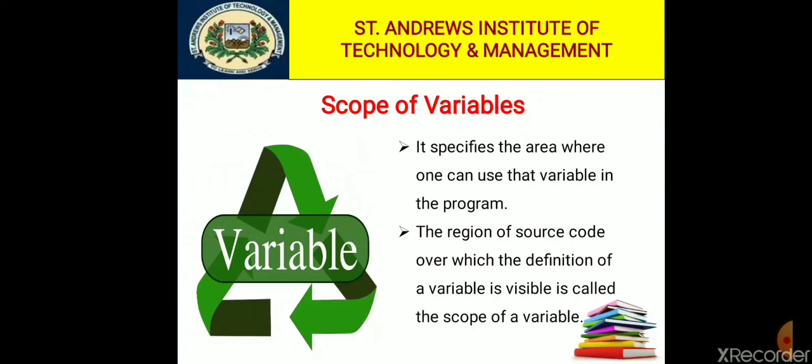This means the scope determines the region within the program where the variable can be accessed and referenced. The region of source code over which the definition of a variable is visible is called the scope of the variable. The lifetime of a variable and its accessibility are referred to as scope.